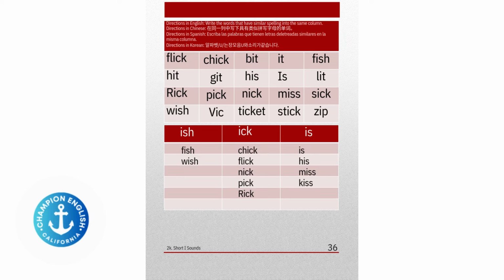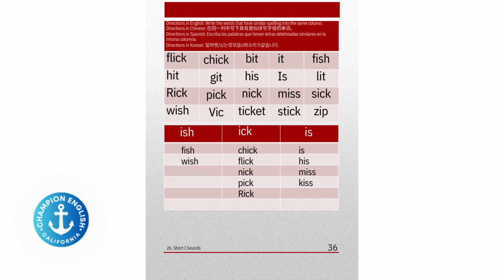Hello, students. Now we're going to look at the ones that should be in the right column. So under the first column, we have ish. You should have written fish and wish. Okay, good job. In the second column, we have ick. You should also have chick, flick, nick, pick, and Rick.